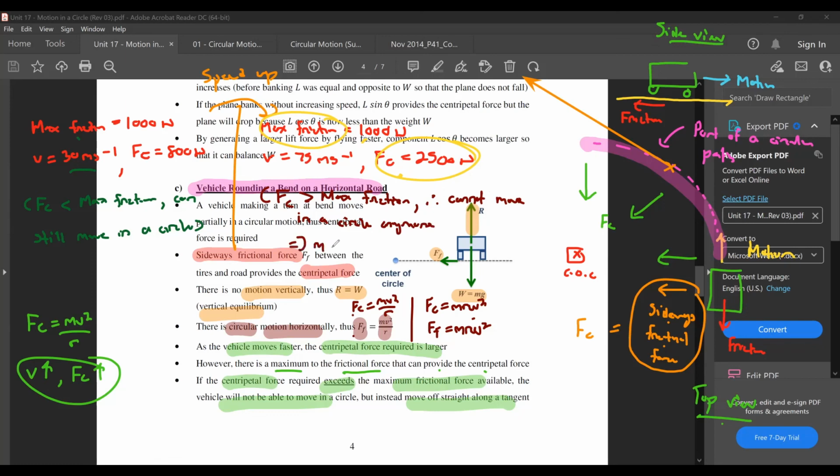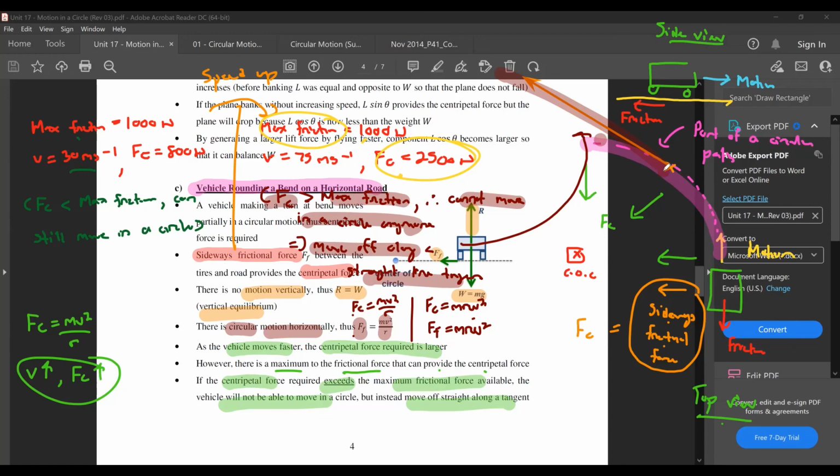Instead, you move off along a straight line tangent, which is this one here. When your centripetal force requires more than what the friction can provide, you cannot move in a circle anymore. You instead start to move off along a straight line tangent.